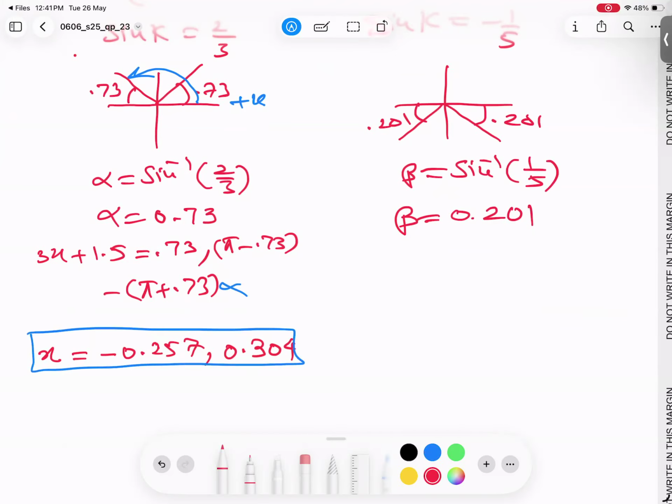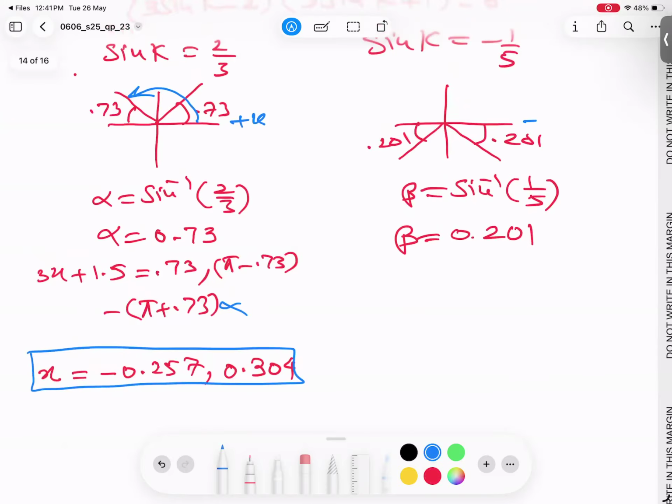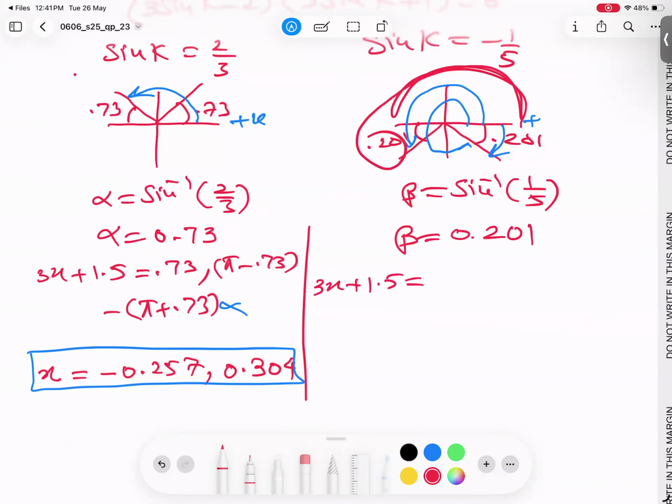Let us go for second option. So first number is, from anti-clockwise here, and we can try this also. And one answer will go clockwise. So let's try to do all. So first 3x plus 1.5. So first is pi plus this, so I can say here pi plus 0.201.